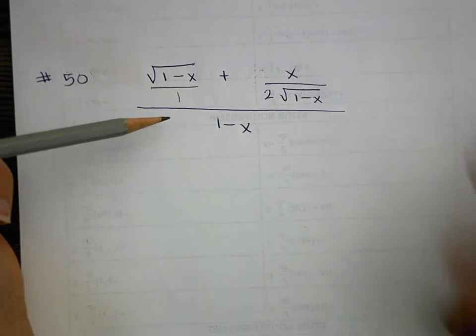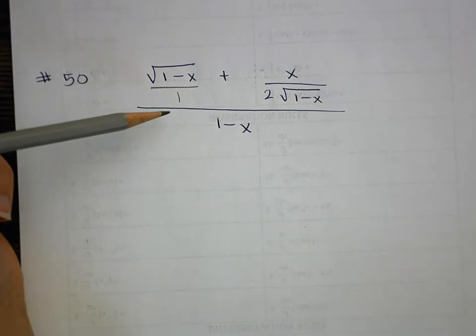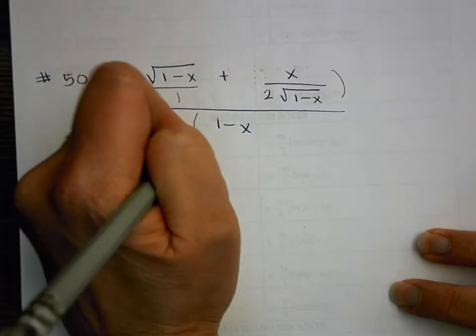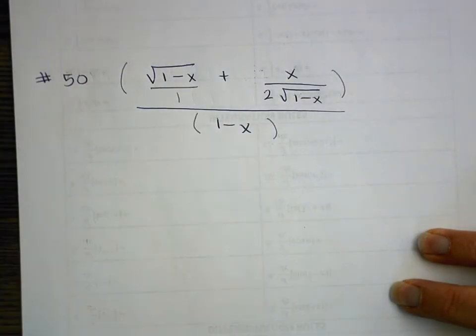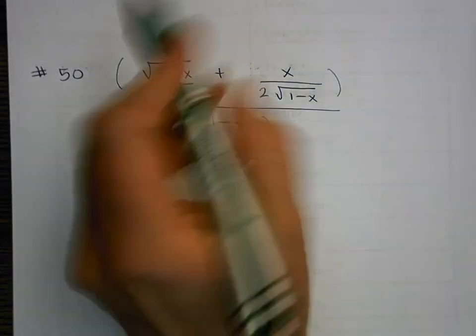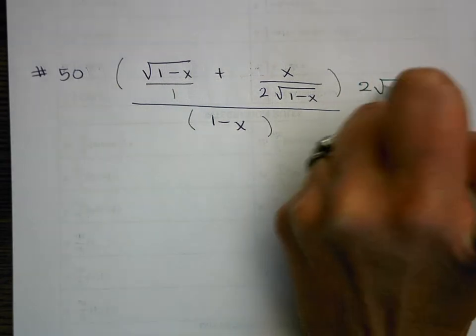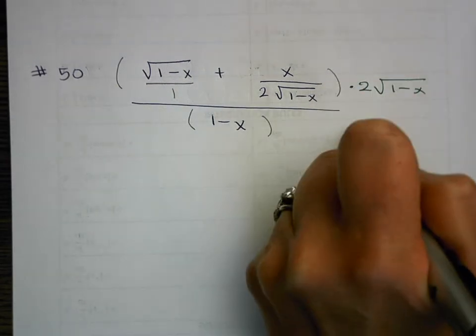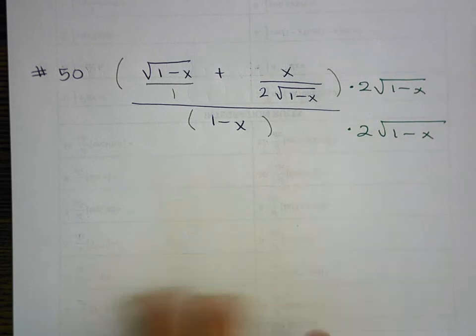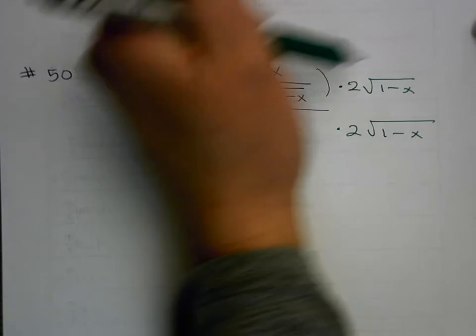And so in order to have that not be a complex fraction, I need to multiply the numerator and the denominator by that common denominator so I can clear them. So I'm going to multiply both the numerator and the denominator by 2 root 1 minus x, right? And I'm allowed to do that again because that's just equal to 1.